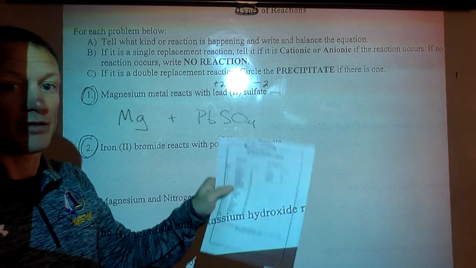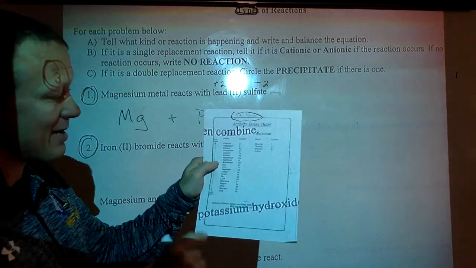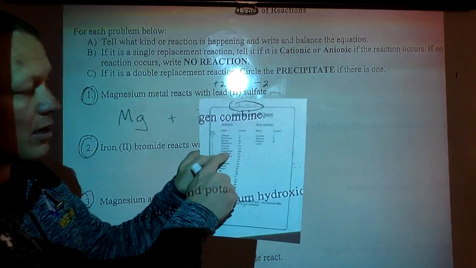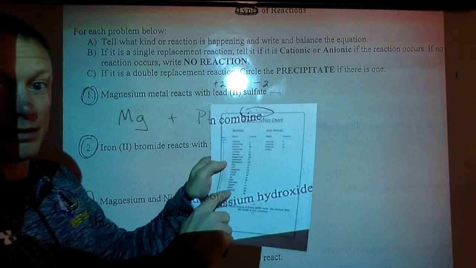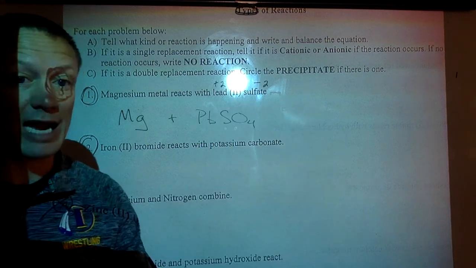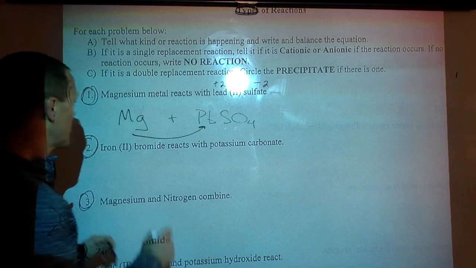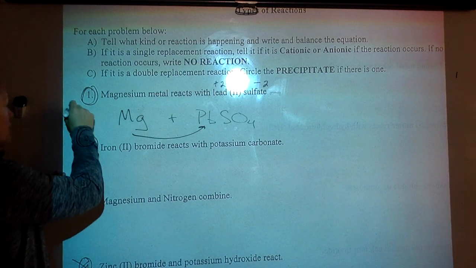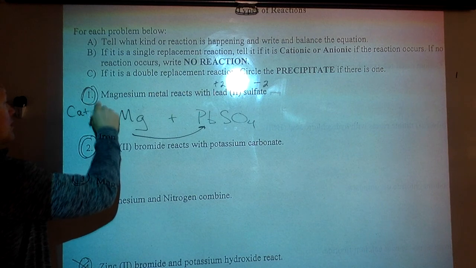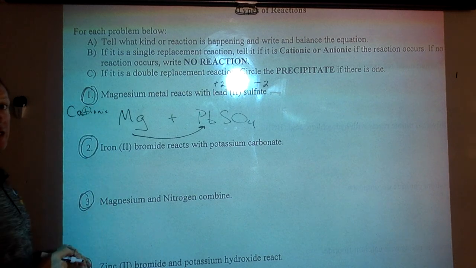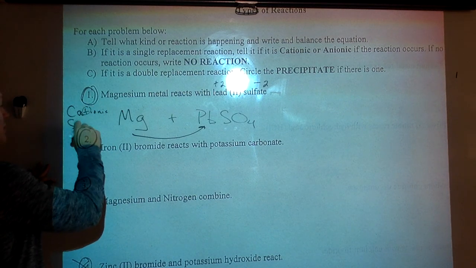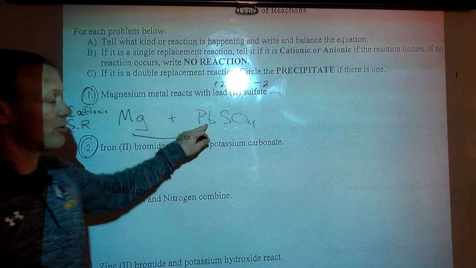So look down this list, and magnesium is above lead, so magnesium can replace lead. This is called a cationic, and again, cationic means it's positive. Single replacement reaction, magnesium replacing lead.